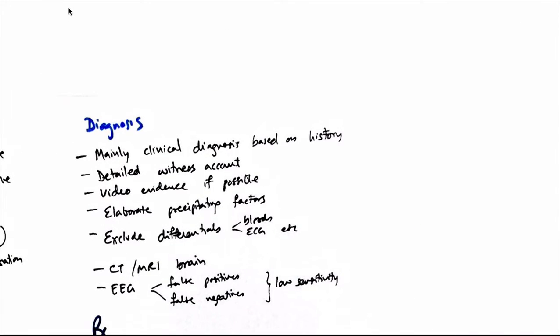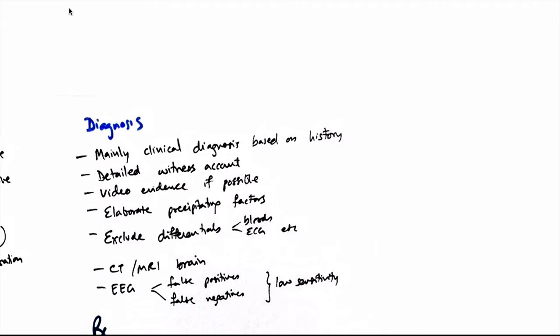Diagnosis of epilepsy is mainly clinical, based on a detailed history of a seizure. We take a detailed witness account and ask about manifestations just before a seizure, how it all started, what was happening during a seizure, and how the seizure stopped, and description of the post-ictal phase.